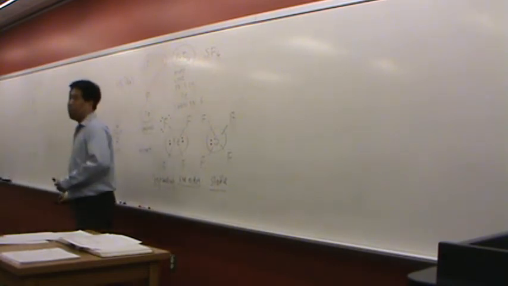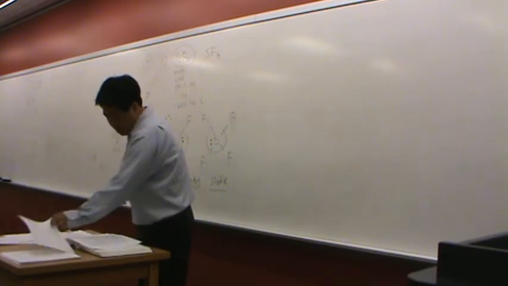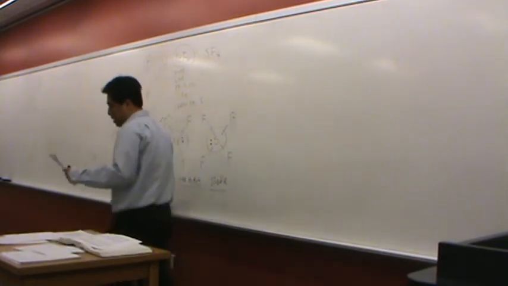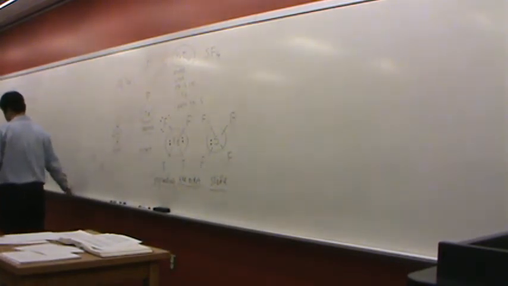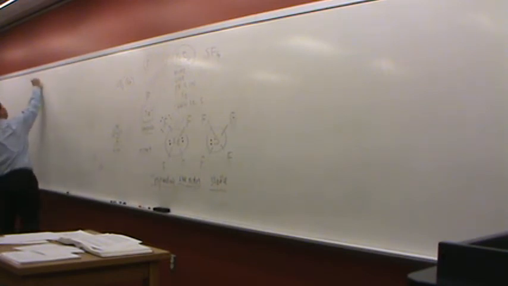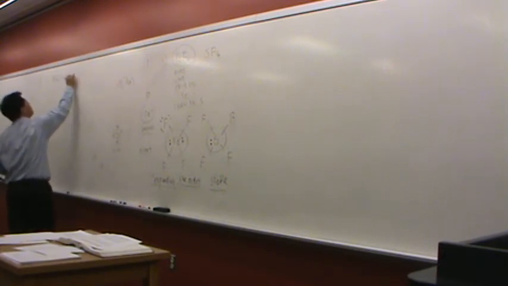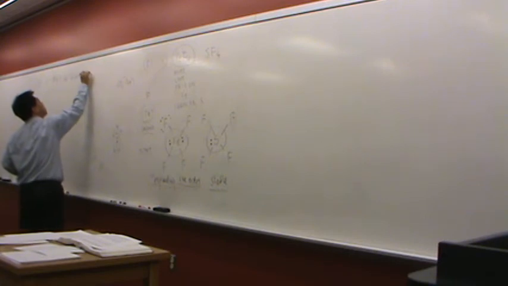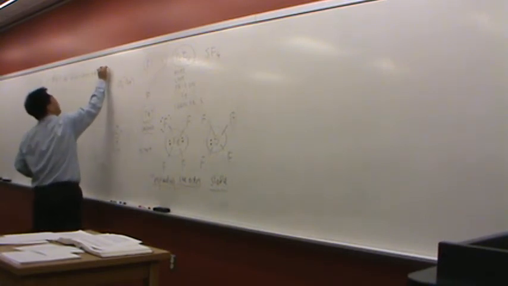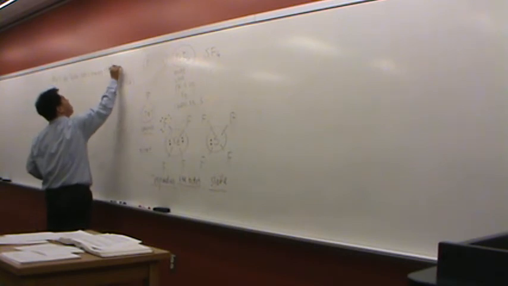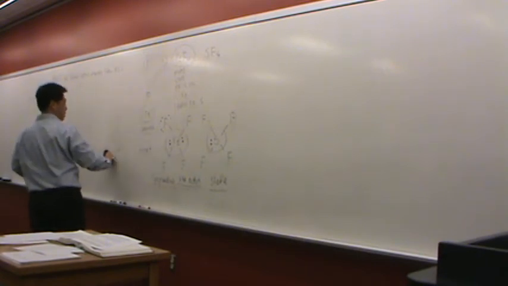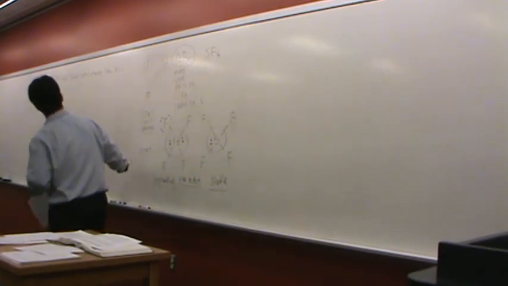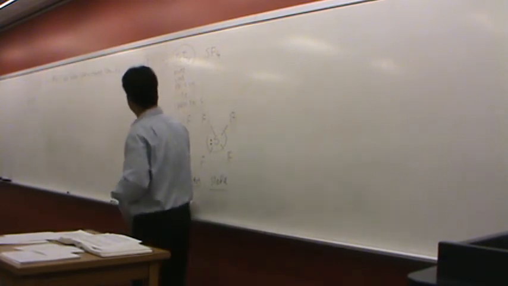Now, if you look at 5b, we just push on to 5b. It says MgO has higher lattice energy than KCl, and we have to provide an explanation. So why does magnesium oxide have higher lattice energy than KCl?